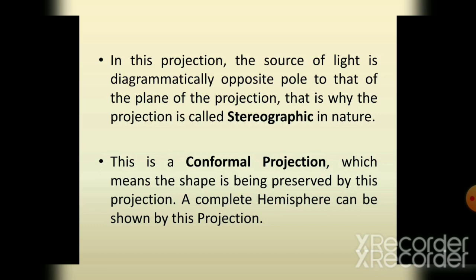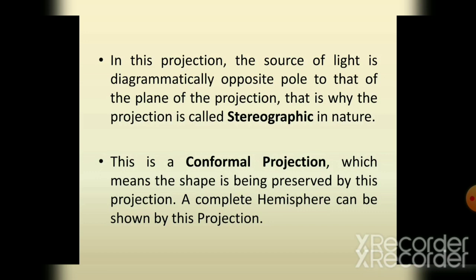In the earlier projection, the source of light was in the center. It is stereographic as the source of light is diametrically opposite to the pole touched by the plane of projection. That means if the plane of projection touches the north pole, then the source of light should be at the south pole and vice versa. That's why this projection is also called the stereographic.